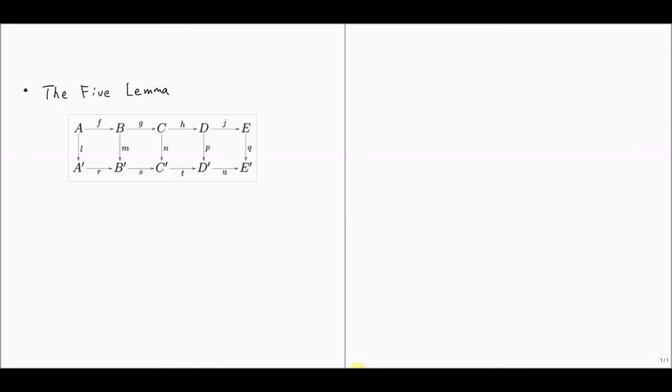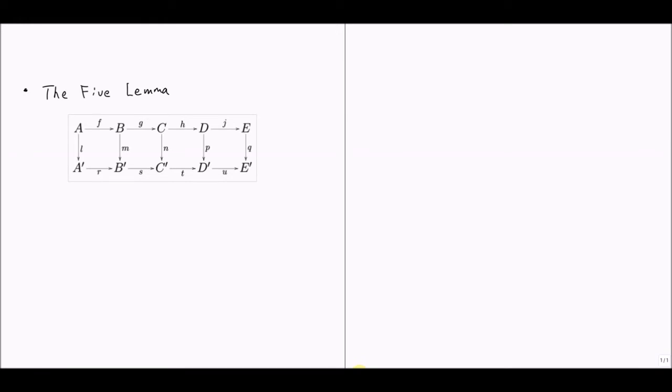If there are 10 objects A, B, C, D, E, and A prime, B prime, C prime, D prime, and E prime, with arrows connecting them, satisfying the two rows are exact, and that arrows L, M, P, and Q are all isomorphisms, then it follows that the arrow in the middle, N, is also an isomorphism.